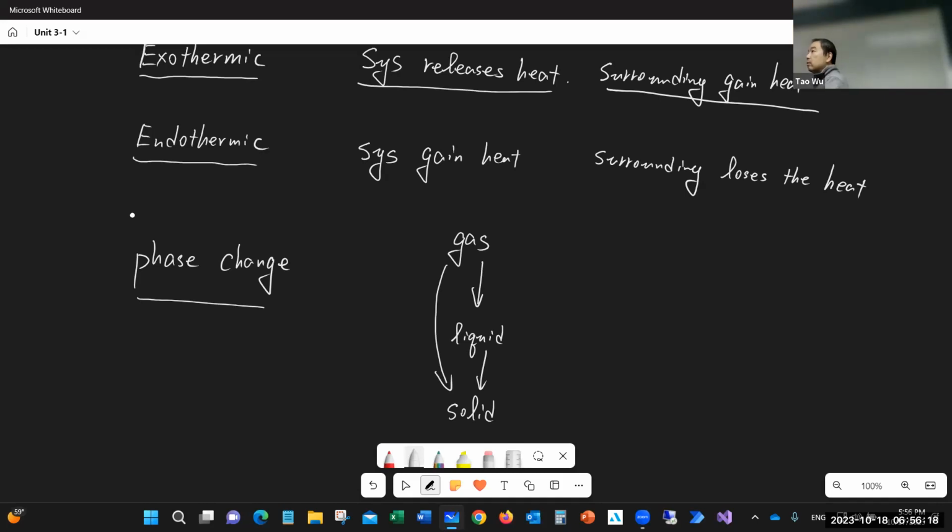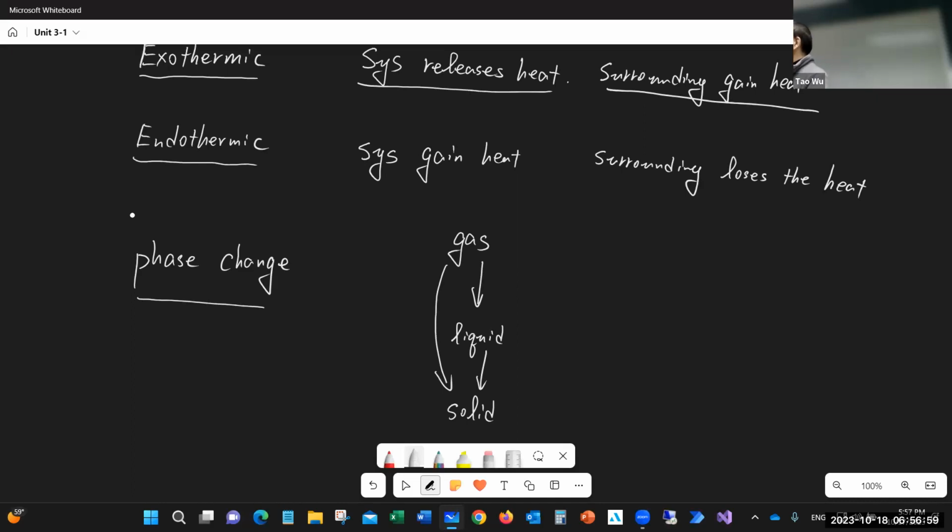I'm talking about anything where the temperature goes down, from gas phase to liquid phase, gas to solid, or liquid to solid. It's exothermic because they produce the heat out. The temperature decreases, you see? Gas has a high temperature, then the liquid has a lower temperature. So the temperature decreases, obviously you're releasing the heat out.